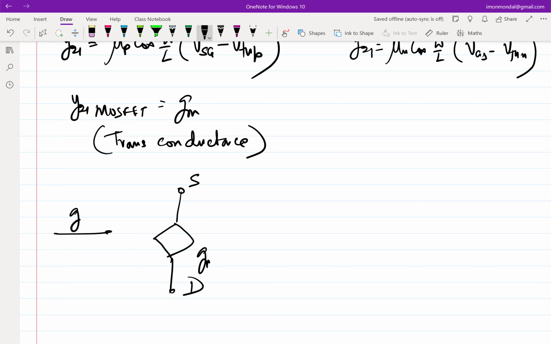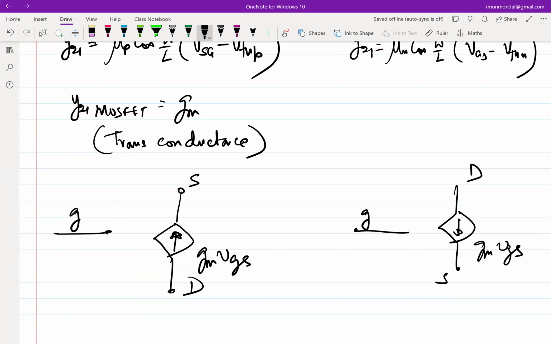But we write it in terms of GM VGS, and the direction goes up. So this is the usual one that is used for PMOS, and this is the one that is used for NMOS. Note that they are identical with regard to the direction of the flow of current.